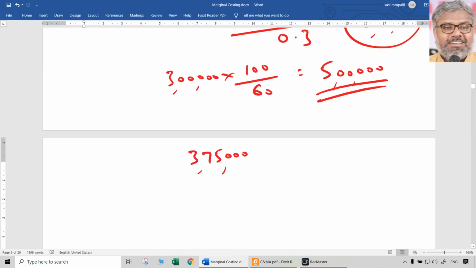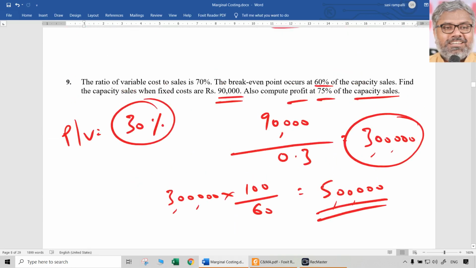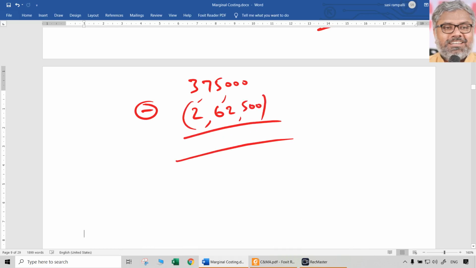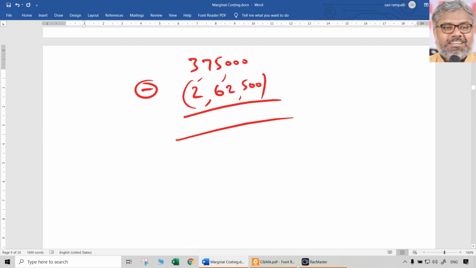Fine. You can find out profit even by using a statement. Variable cost will be 70% of that. 3 lakh 75,000 into 70% means 2 lakh 62,500. Naturally, how much will be the contribution? 1 lakh 12,500.